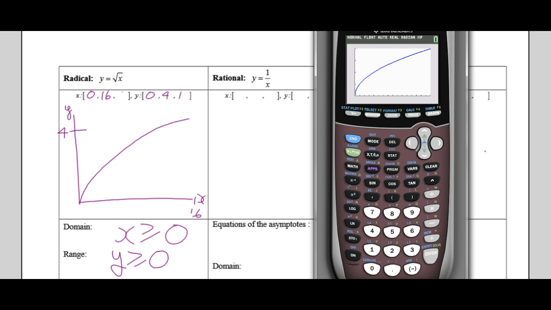Okay, let's go back here. Let's take it out to the standard window. Y equals 1 over. So clear that and go 1 divided by x, graph. Well, okay. That's kind of interesting. So the window seems good. The window doesn't look too bad.